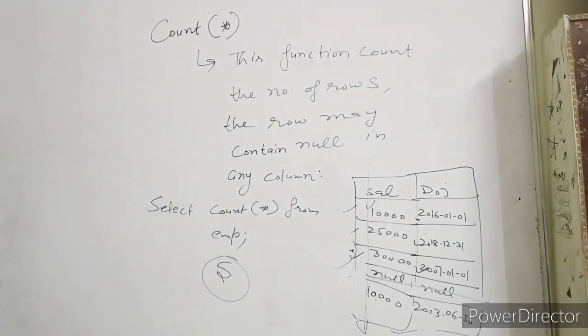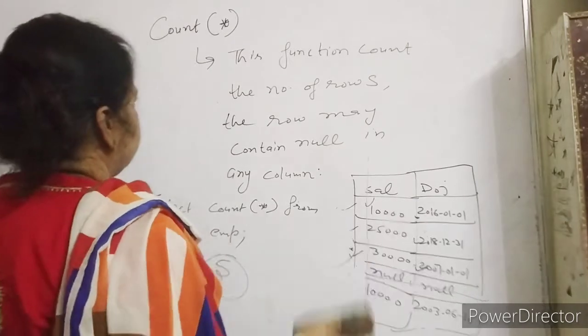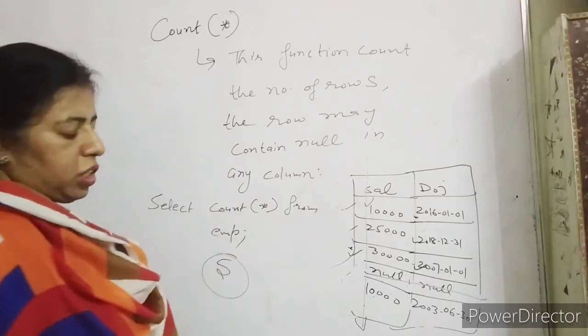In the definition, this function counts the number of rows. A row may contain null in any column or in all the columns, but the row exists. If the row exists, even if all the columns have null, the row is still counted. Clear? Count star.